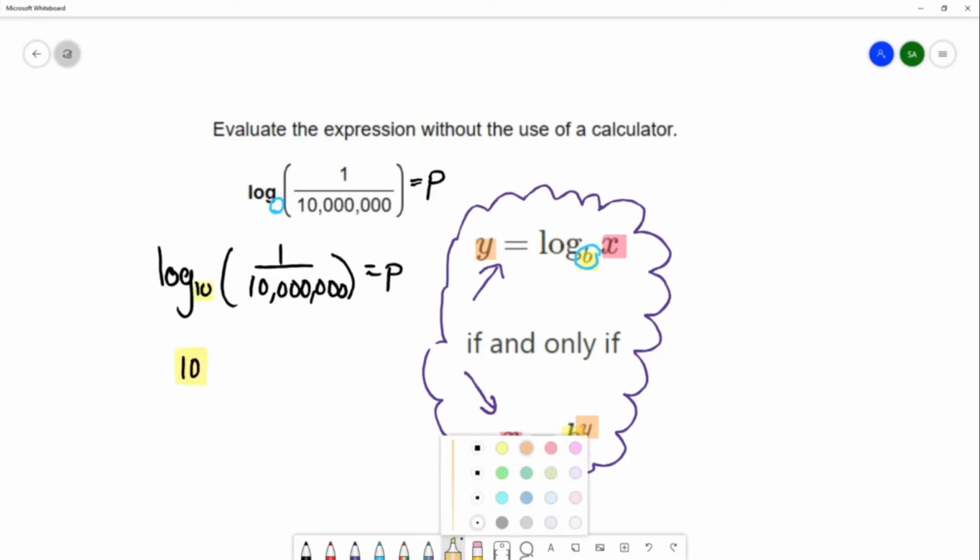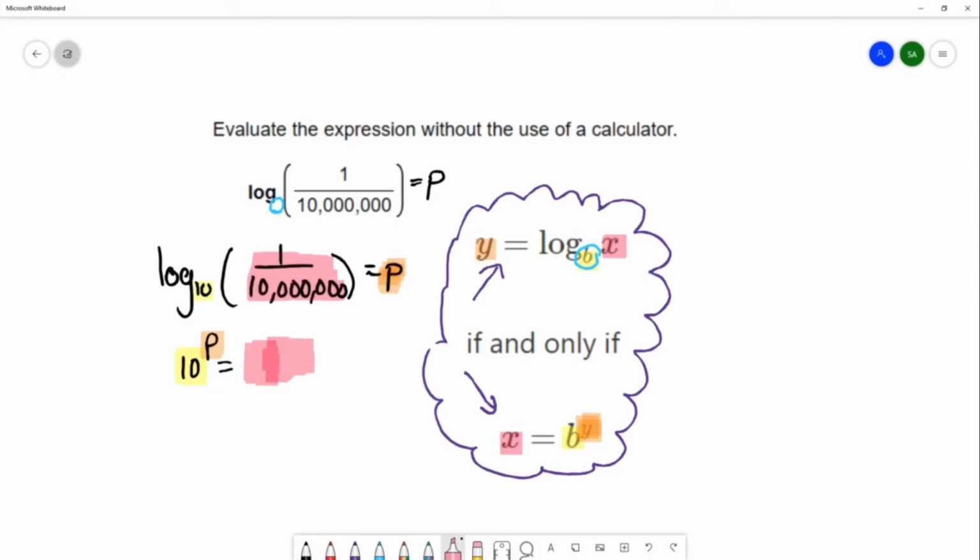Then our logarithm equals p, and that is in the position of the exponent for our exponential. So we're going to use p as the exponent. Then our exponential equation is going to equal what is inside of the logarithm.